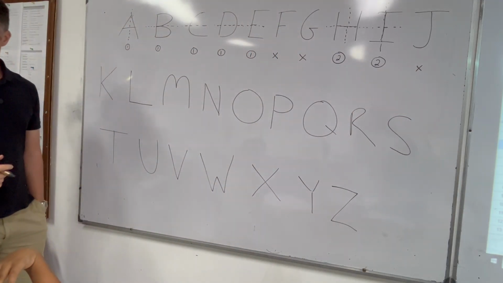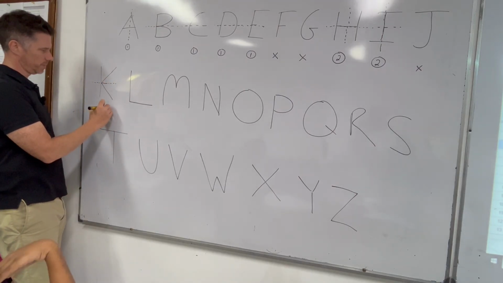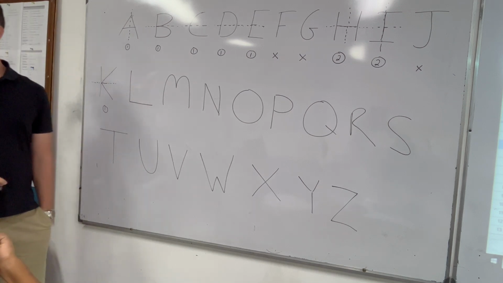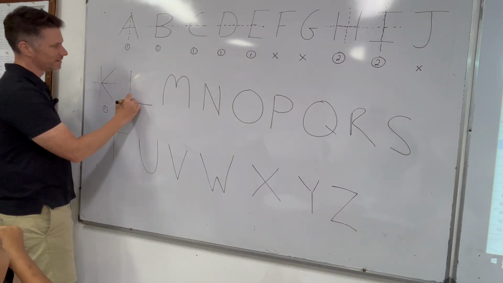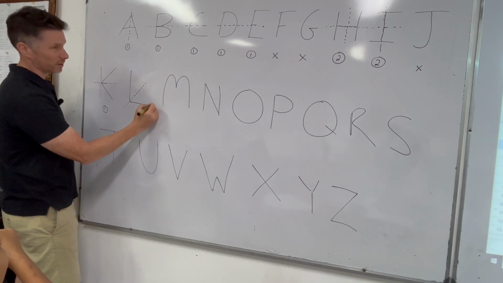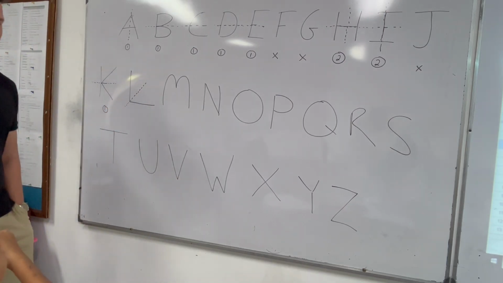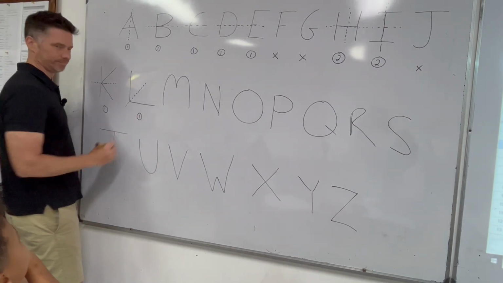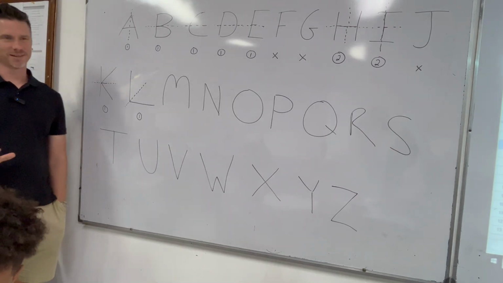K? 1. Yeah, it's definitely possible to get this one, isn't it? L? 0. If you draw this length the same as this length, there would be 1 diagonally. It would fold over that line. Yeah, but L has a smaller tip. I said, draw it as perfectly as you can.